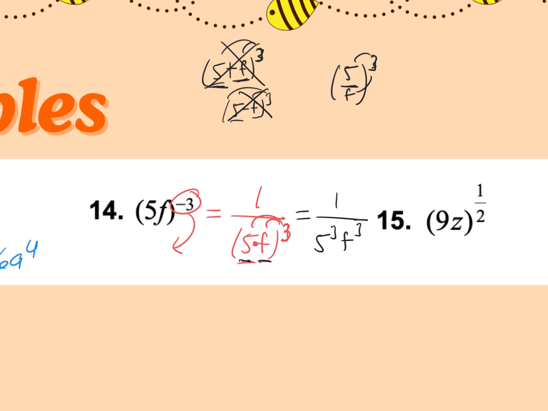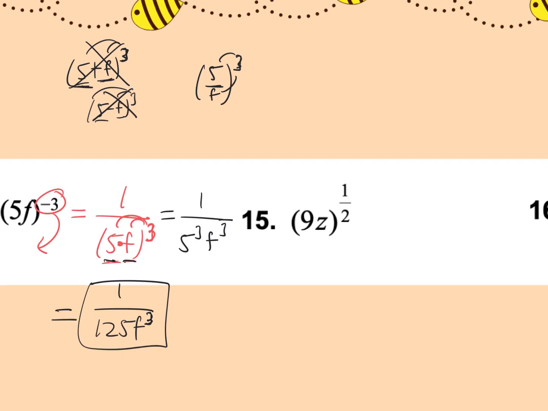Now 5 to the 3rd, that's going to get you 125, right? 5 times 5 is 25, and then you can verify it. 25 times 5 is going to get you 125. So our answer for this one is 1 over 125 f to the 3rd. All right, so hopefully we understand that difference.